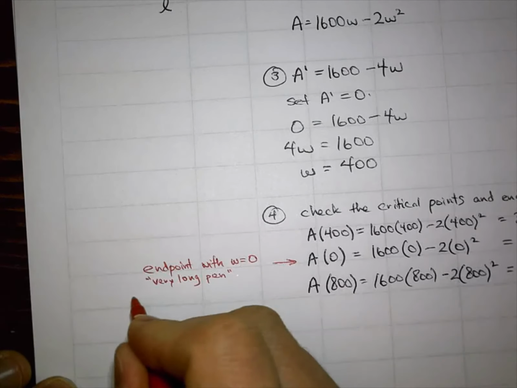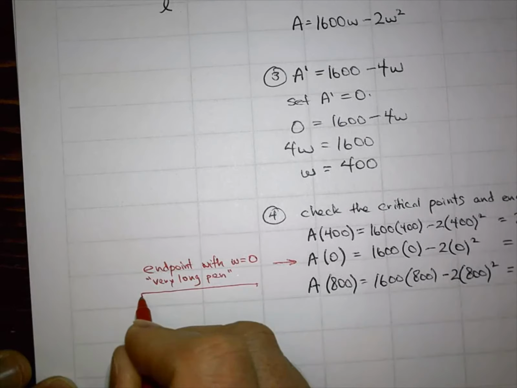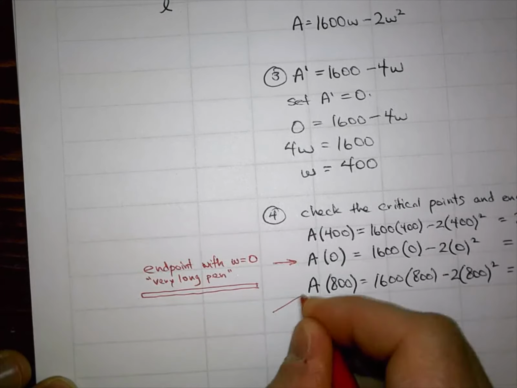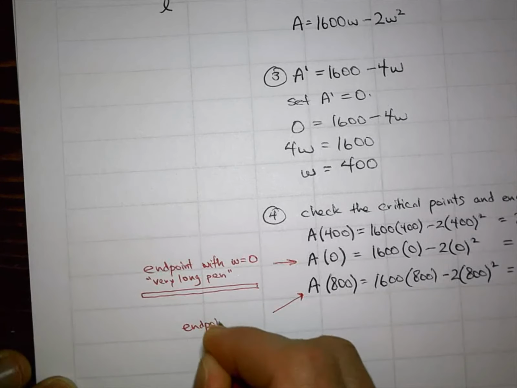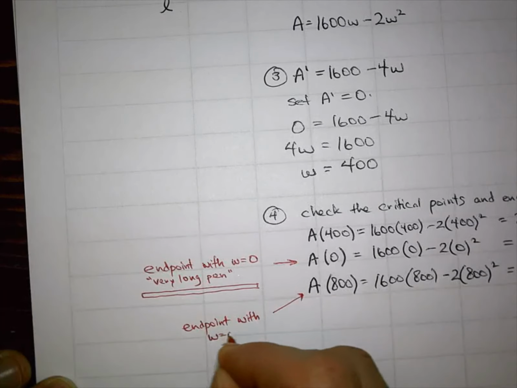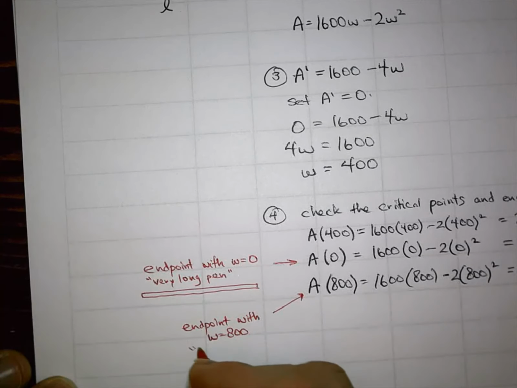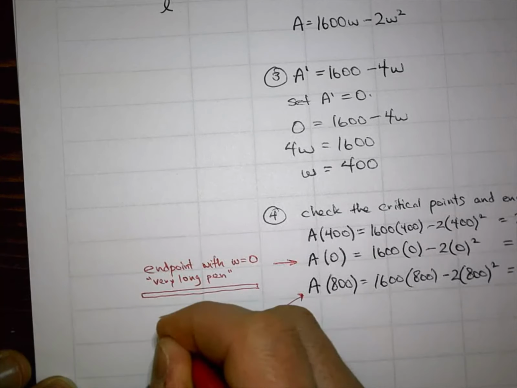If you can imagine, it would be something like that. And this one would be the endpoint with W equal to 800. Very thin pen, because it would look something like this.